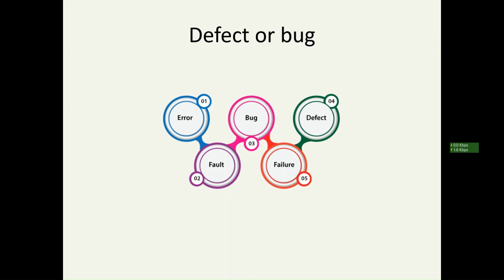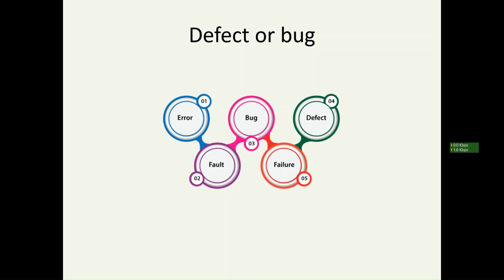Bug and defect both are the same. When checking expected result and actual result, when the expected result and actual result are not the same, we call it a bug or defect. Suppose I am writing and the pen is not writing, then there is a bug, and it should be raised to the development team.